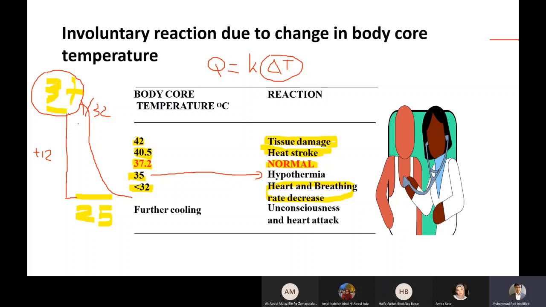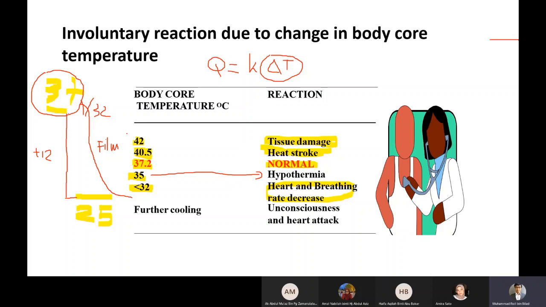This is called film theory. There is a kind of static air very close to your skin, probably a millimeter thin, but it's static. When it's static, the temperature is very close to the temperature of our skin. If there is no film, for example when you swim in a swimming pool at 25, that film is not there.